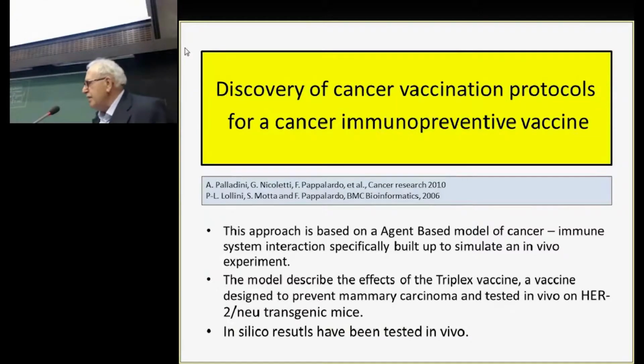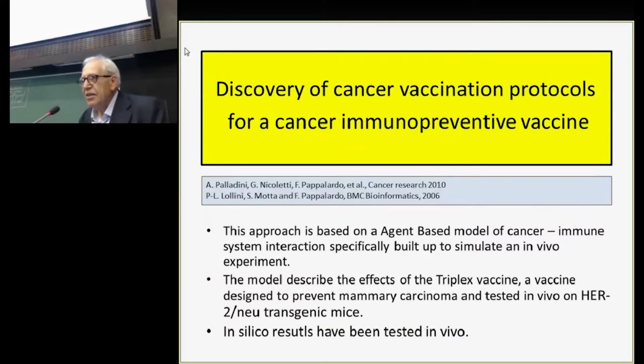And he came and said, okay, I got a vaccine, an immunopreventive vaccine for mammary carcinoma, tested on mice. And on mice, this vaccine works. It works if I have a chronic protocol. But I don't care about the mammary carcinoma in mice, I care about women.